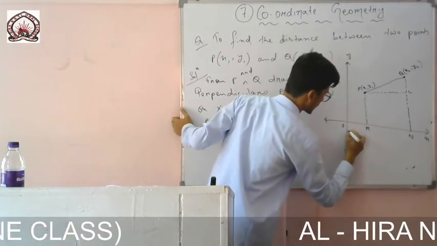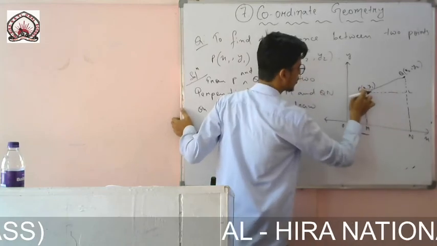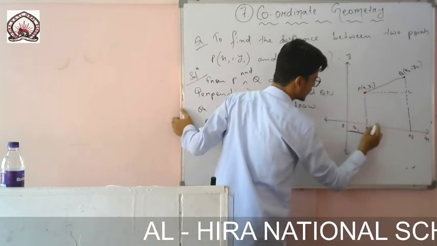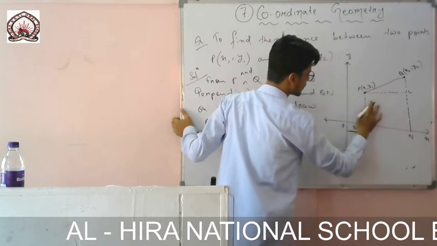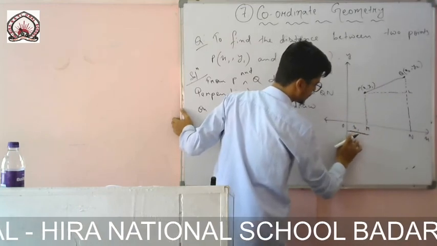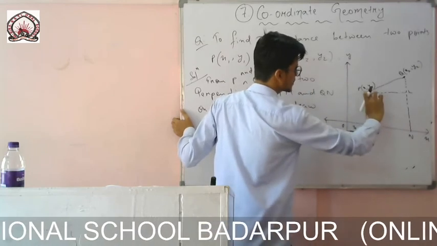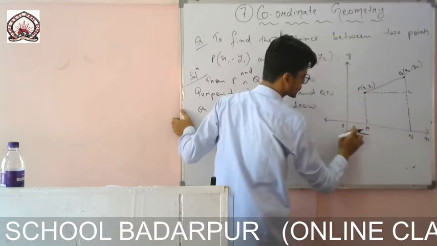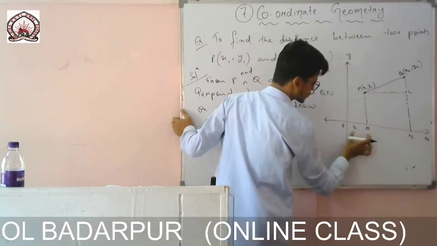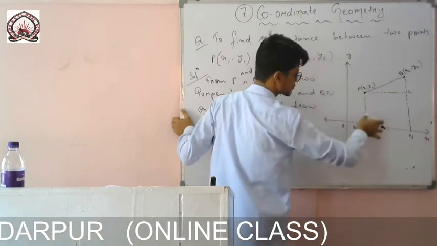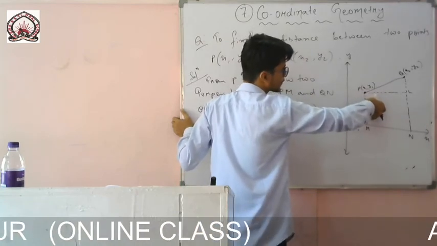OM, you see here, from here to here, this is the coordinate, that means this is x1, and then I have gone up, this is our y1. From O to M, the distance is x1, and here it will be y1.